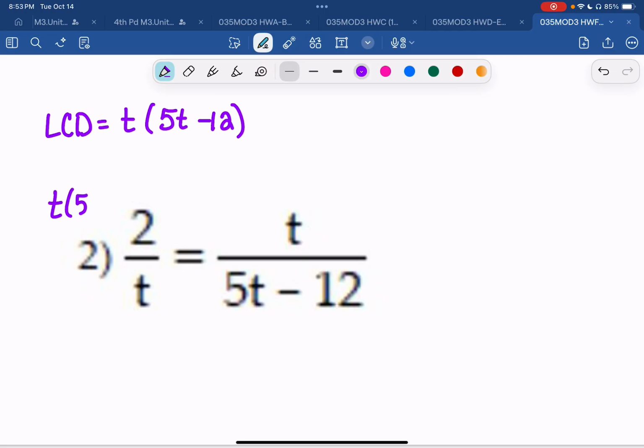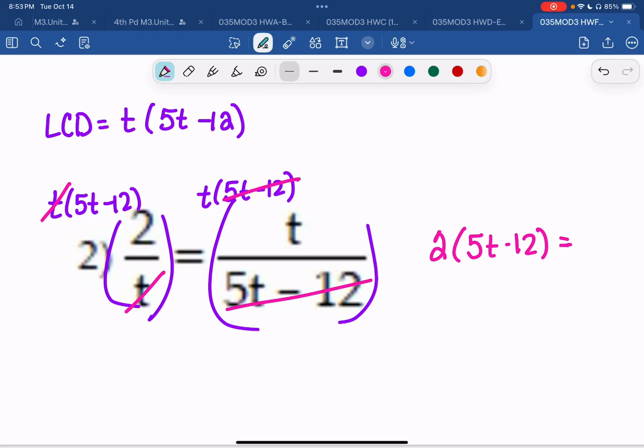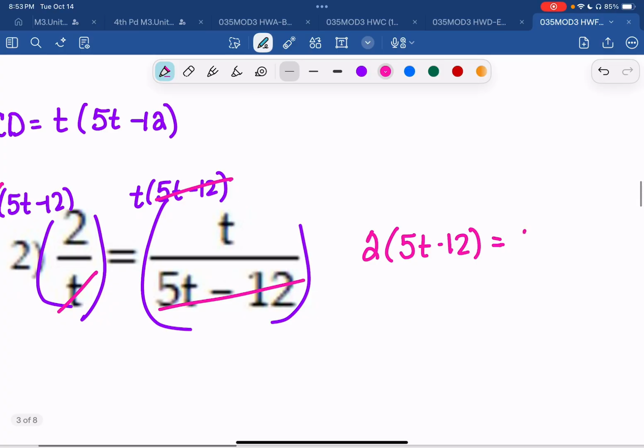So t 5t minus 12 and t times 5t minus 12. And so what happens in this one, the t's are going to cancel. And so I have that 2, but I also have 5t minus 12. In this one, the 5t minus 12's cancel. And so I have t times t, which is t squared.